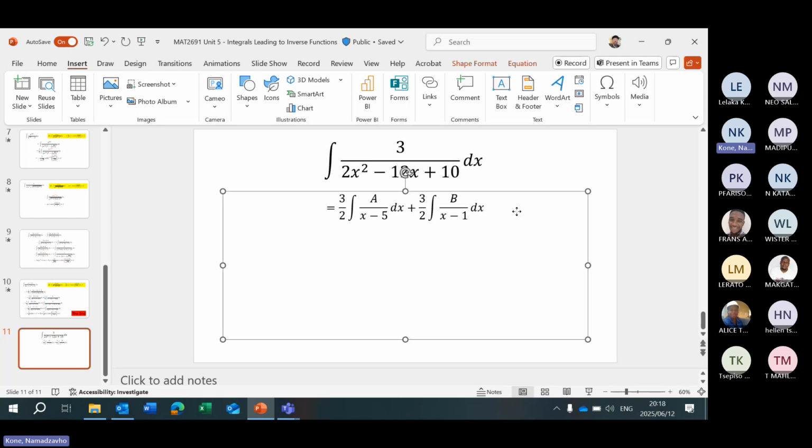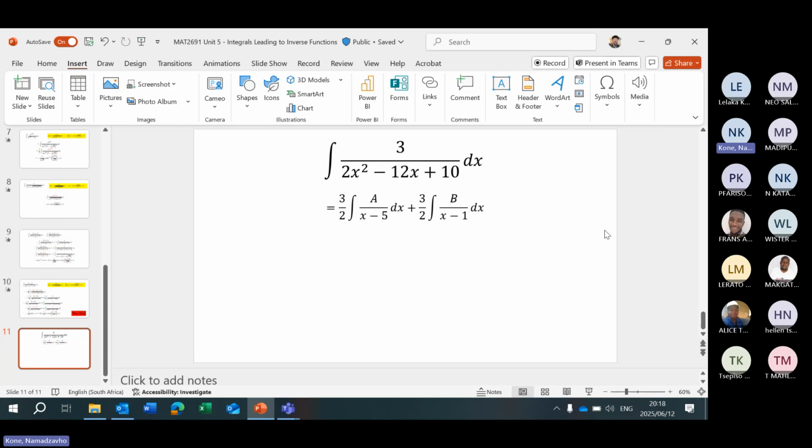And the partial fractions will look like what you have on the screen. So can you please go to do partial fractions and get back and give me the values of A and B. As soon as you get those, you let us know and we will add them on here and we will update as I'm going. So you guys, please do the A's and B's, and as soon as you find them, let me know.